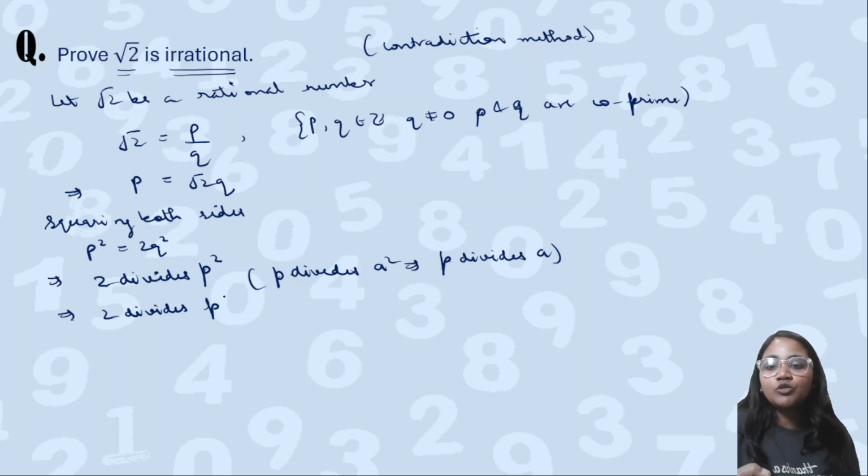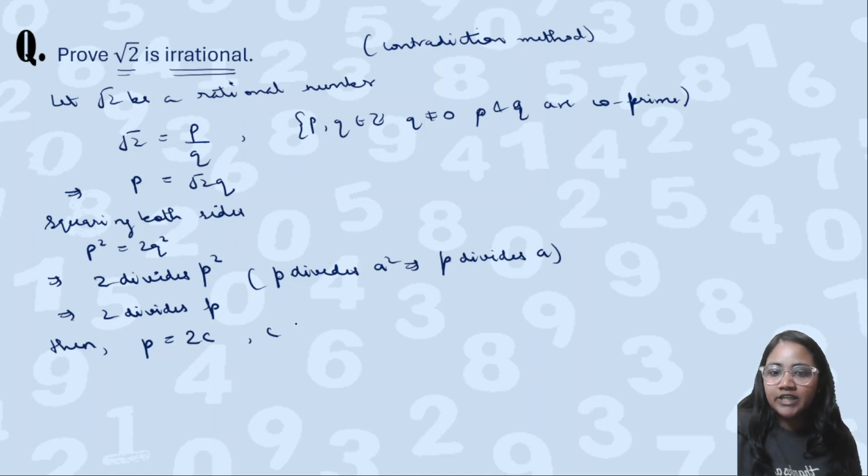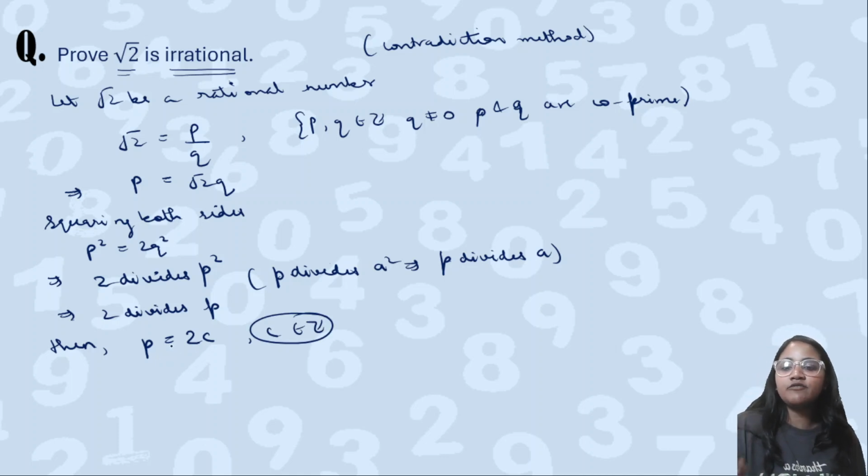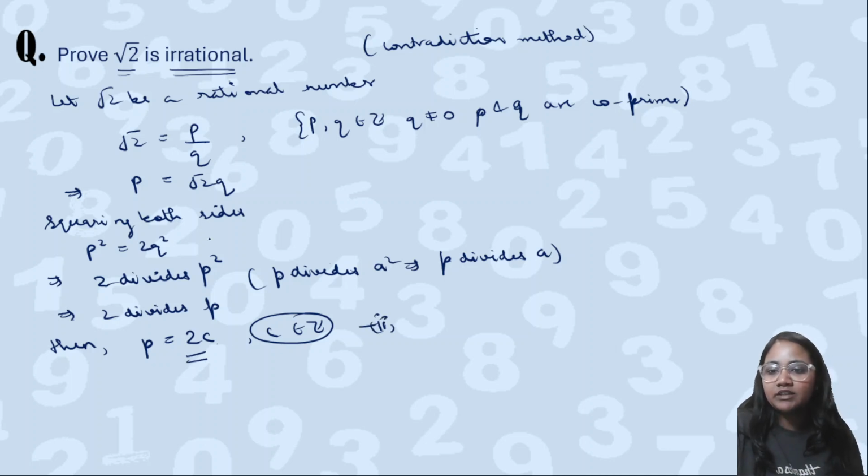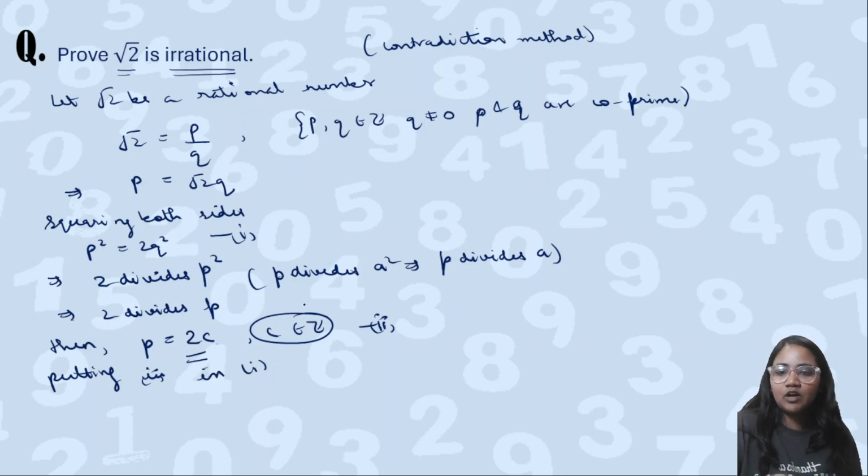So now again, if 2 divides p, then p can be written as some 2c, where c is also an integer, right? So p can be written as 2c, because if 2 divides p, of course p is a multiple of 2. Now let's mark this as second and the earlier equation as first. Putting second in first, what will we get?